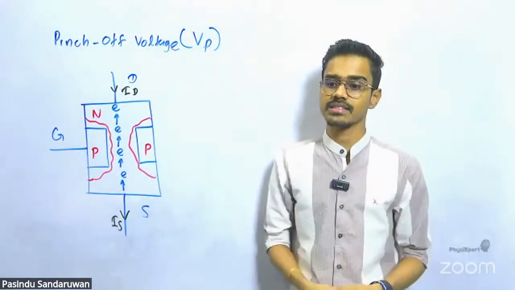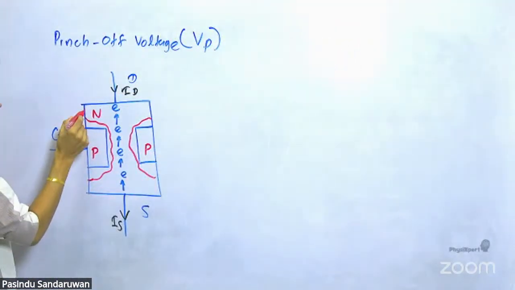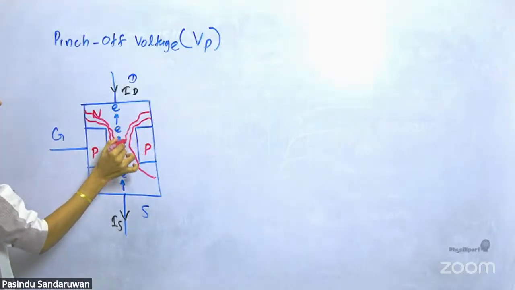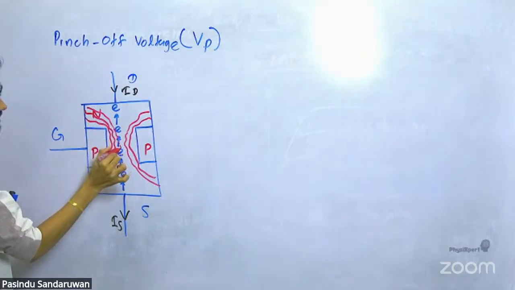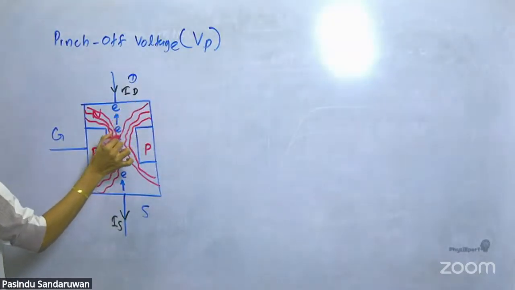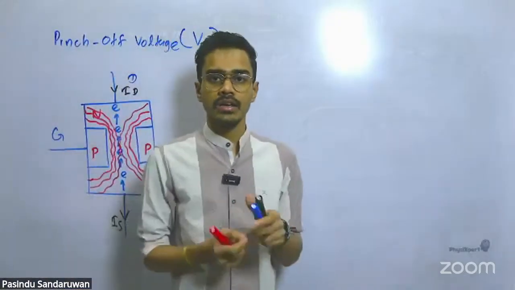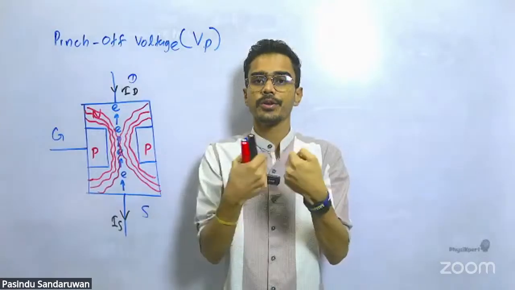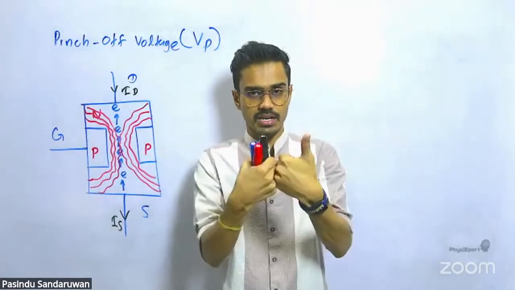If you keep on increasing this voltage, it keeps on increasing like this, and it will reach a point where the depletion regions from both sides are merged together.